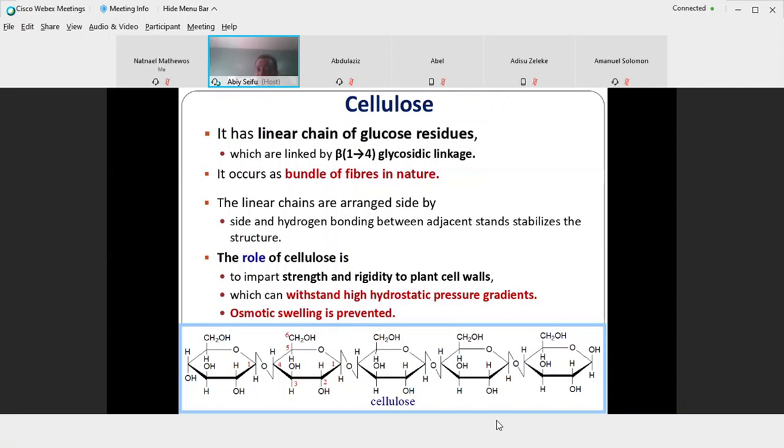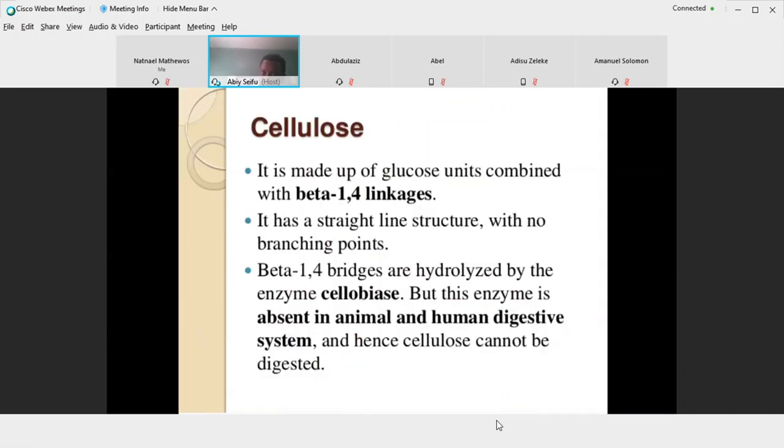Here the linkage is not alpha, rather it is beta type. And as you know, human beings lack the enzyme cellulase to digest cellulose. Then it is considered roughage or fibers.